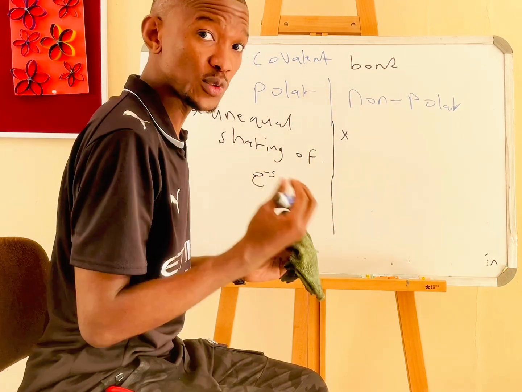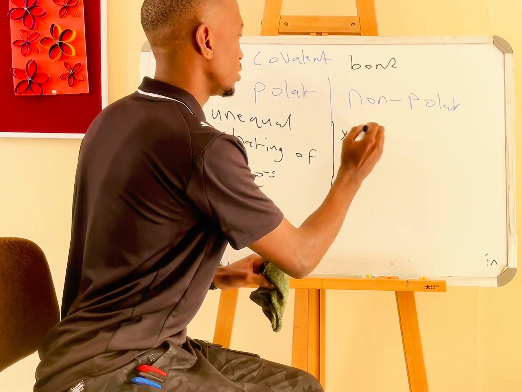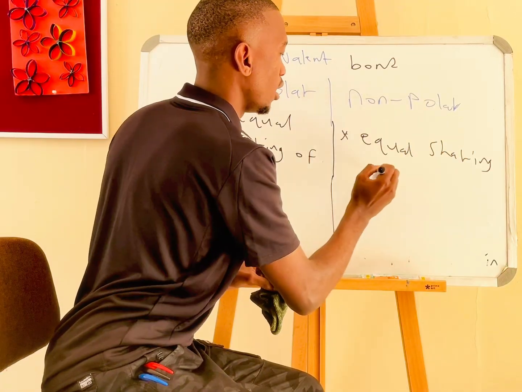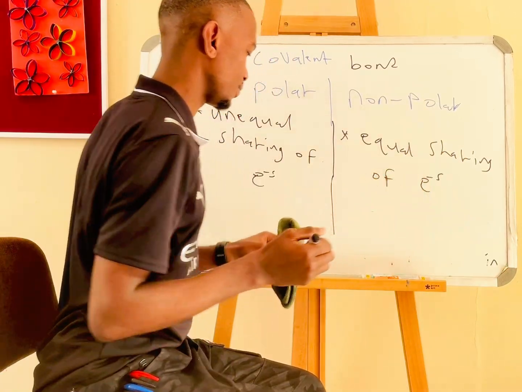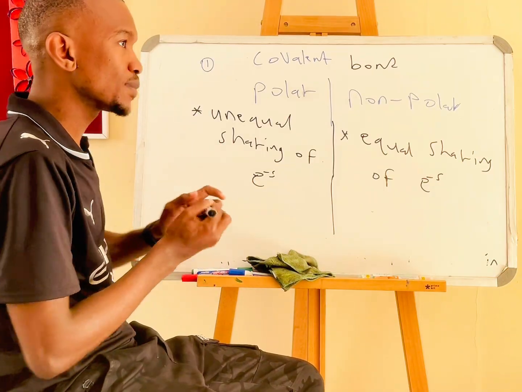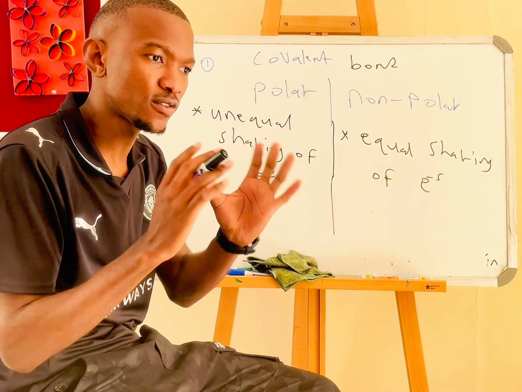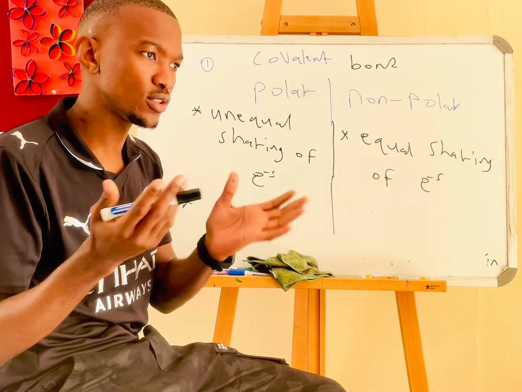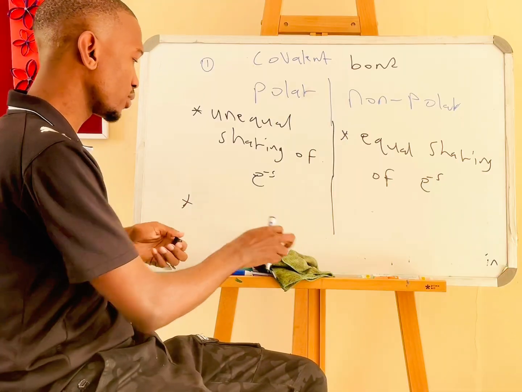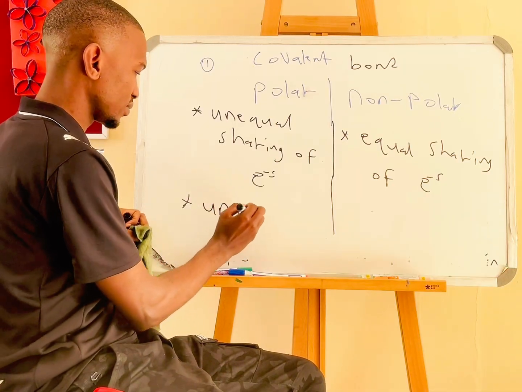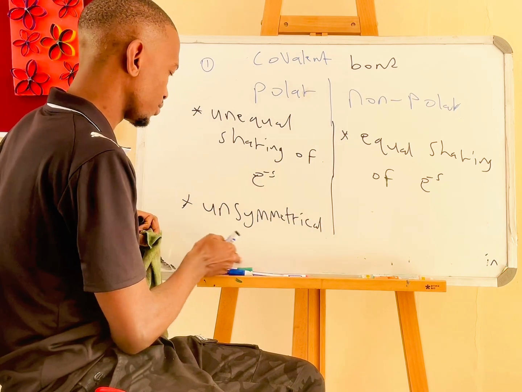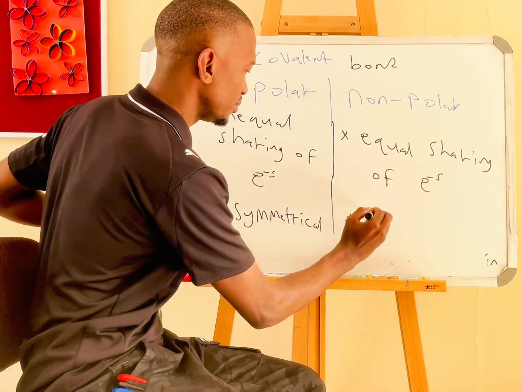You want to know the difference between the two? If you want to look at the types of bonds or types of molecules, or to identify them, this one is going to be unsymmetrical, and this one is going to be a symmetrical shape.